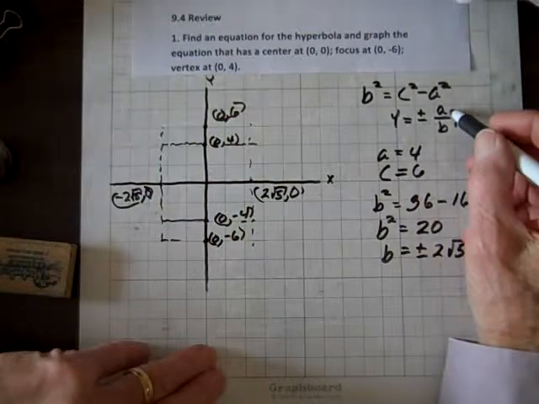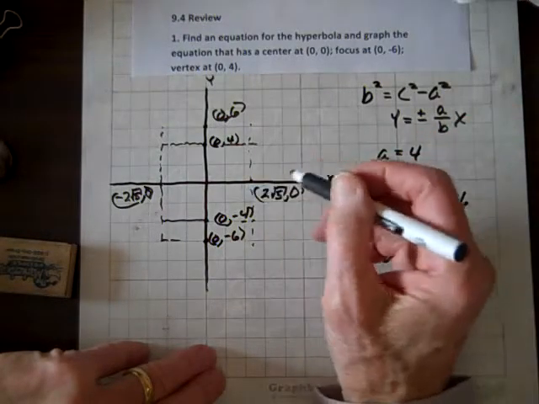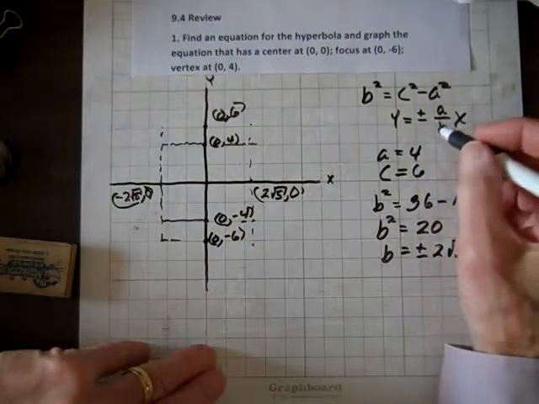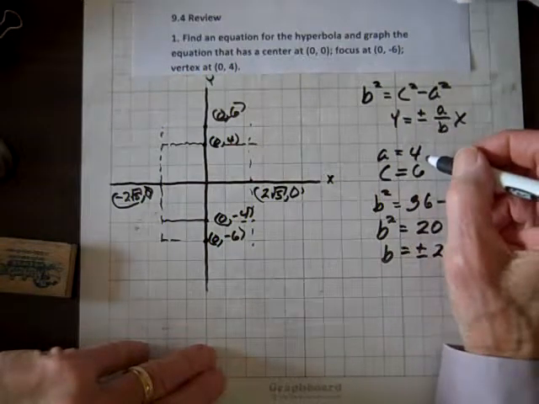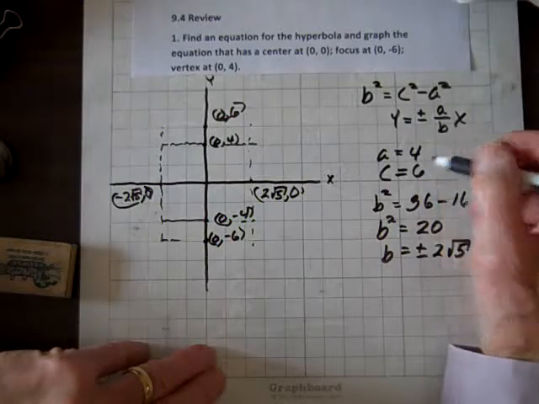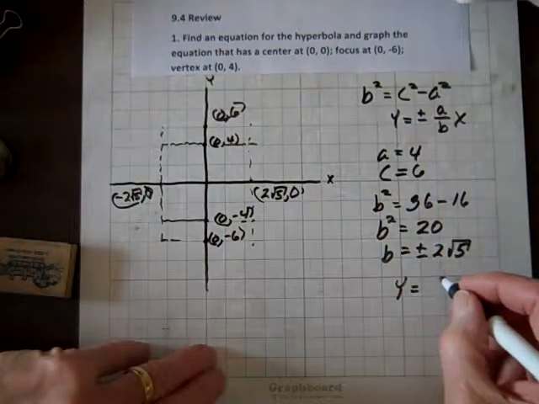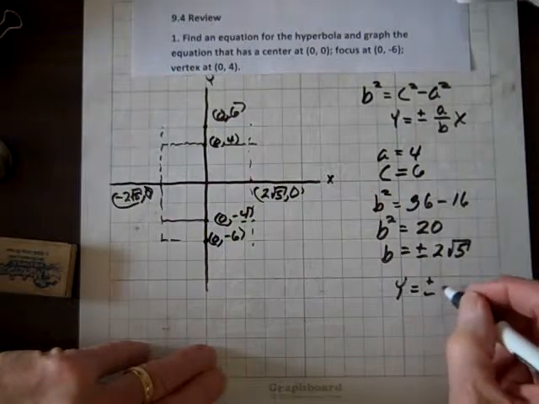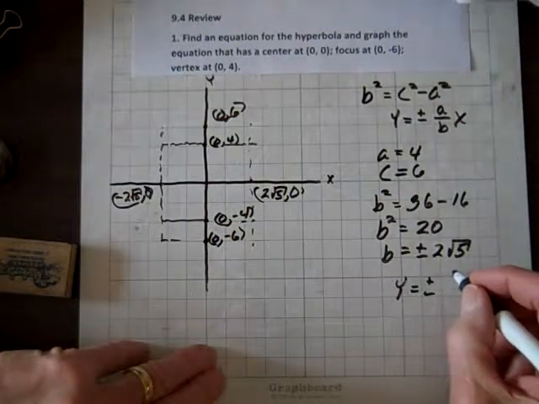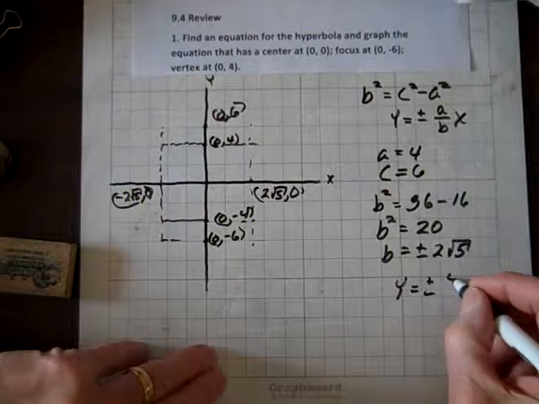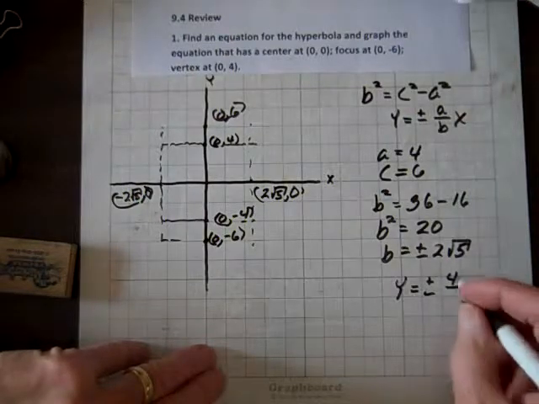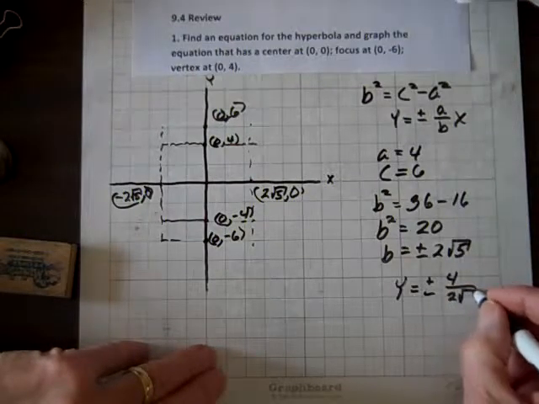Okay, and so now we're talking about y equals a over b x. So that is 4 over, in the denominator we're talking y equals plus or minus, a is 4, and b is 2 root 5.